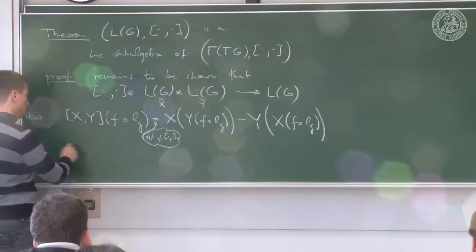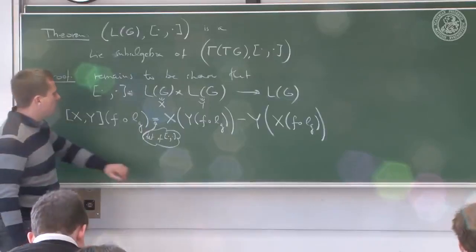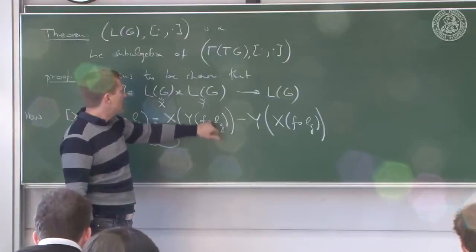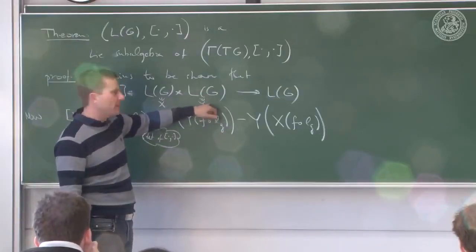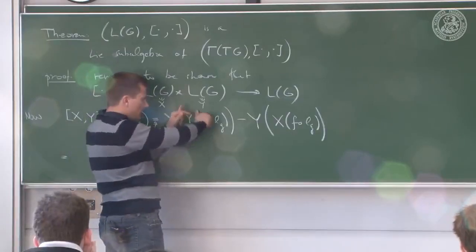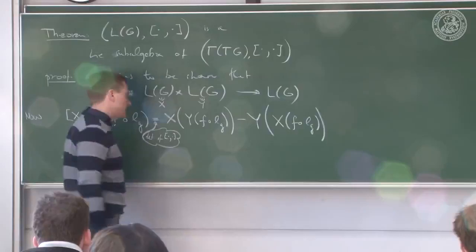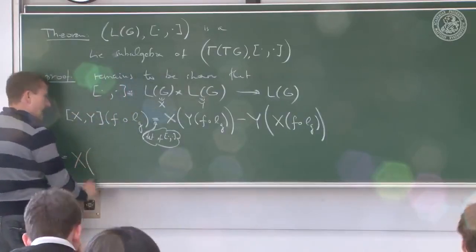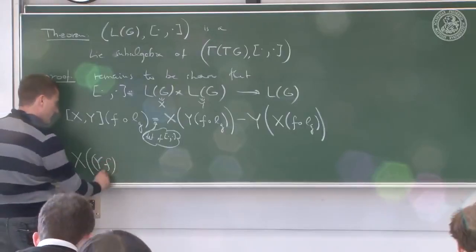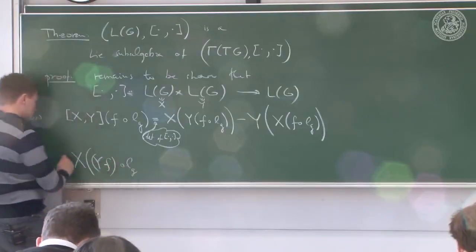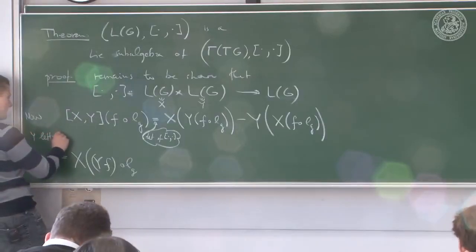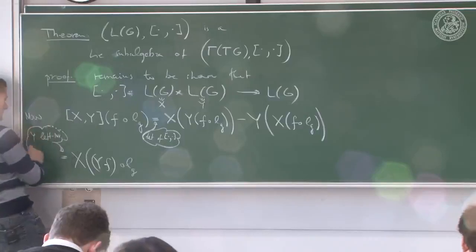All right? This equals. Now, we look at y acting on f after Lg. But y is a left invariant vector field by assumption, so we can let it act on f only and then compose with Lg. So it's x of, untouched, but then because y is left invariant, it's yf after Lg. So this is because y is left invariant, right?